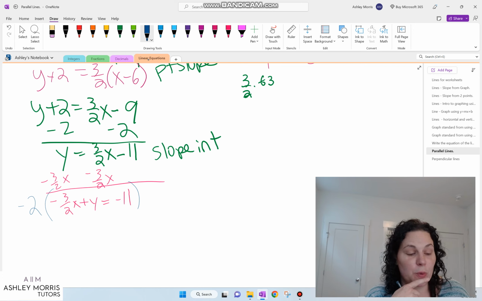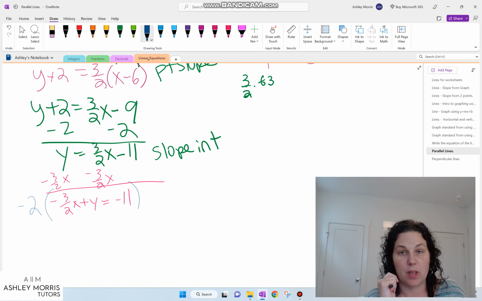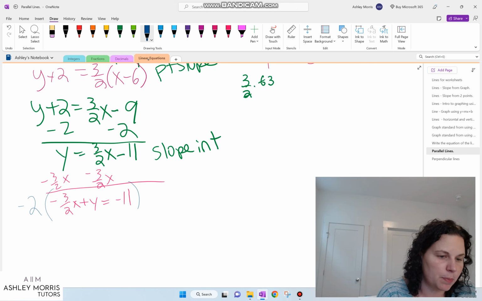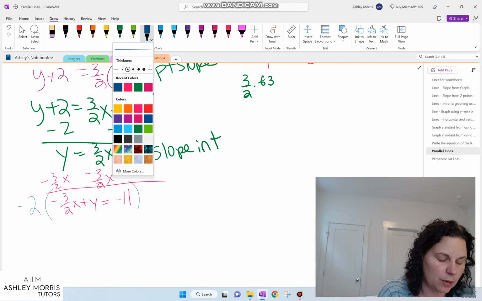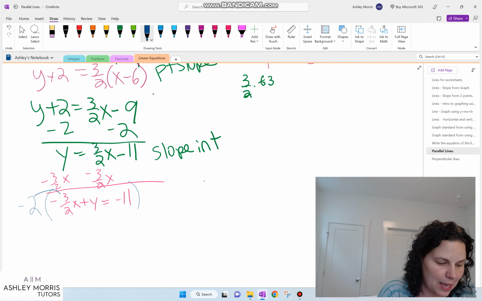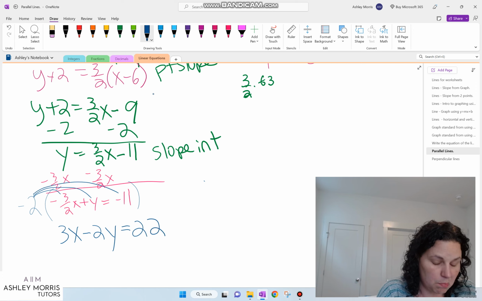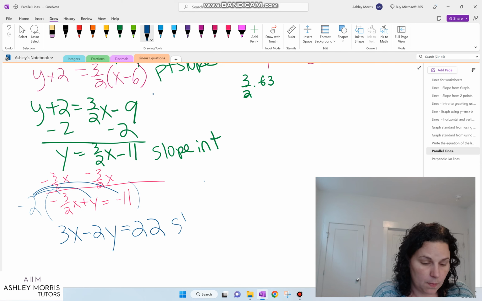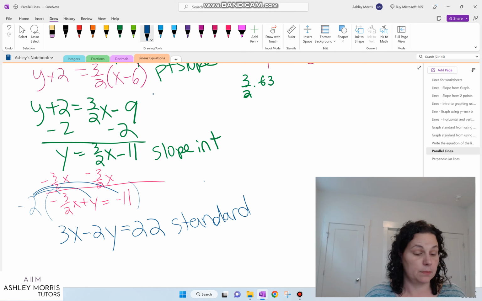The negative will get rid of that negative in front of the x. In most places that I've seen, a is not allowed to be negative. The number in front of x cannot be negative. So if I multiply by -2, it'll get rid of my fractions and it will get rid of that negative number in front of A. B and C can be negative, that's fine. It's just A that is a problem for most people. But if your teacher doesn't care, then leave it negative.